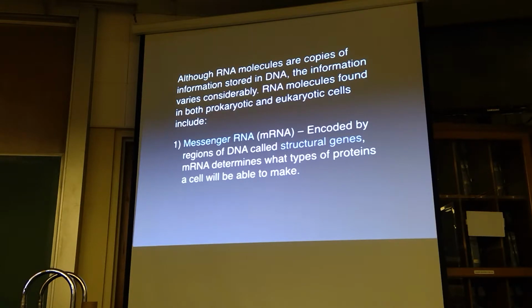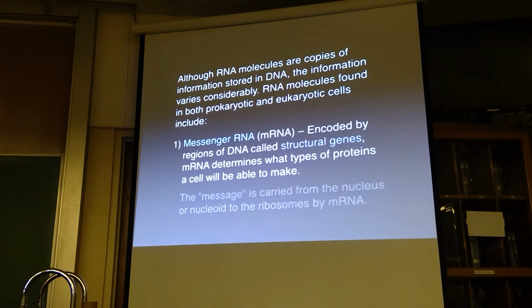The DNA is in the nucleus, or in the nucleoid, or associated with plasmids, etc. But that information is kind of protected. Meanwhile, ribosomes are some distance away, and that's where protein synthesis is going to take place. So the messenger RNA is taking the message, the nucleotide sequence, from where the DNA is, out to the construction site, out to the ribosome, telling the cell which protein to make.